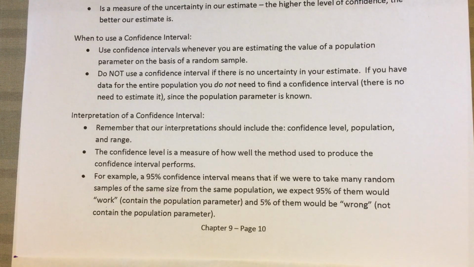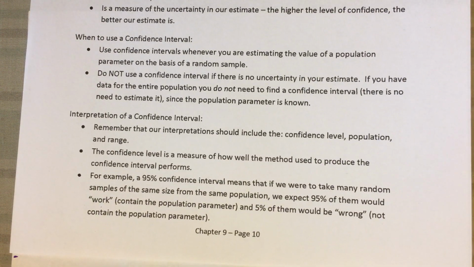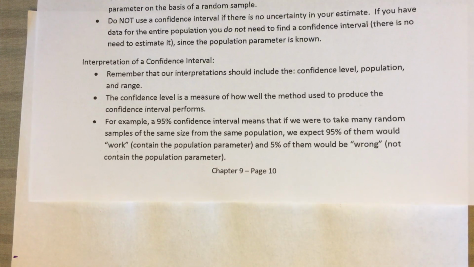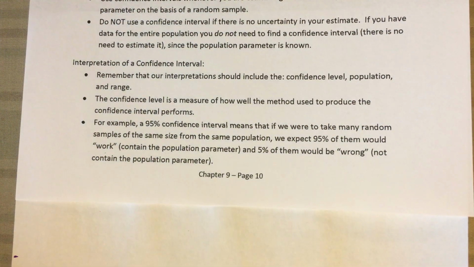When to use a confidence interval? We want to use confidence intervals when we are estimating the value of a proportion. We do not use confidence intervals if there's no uncertainty in our estimate. So if we already have information about our population, we don't necessarily want to use confidence intervals. Interpretations of confidence intervals: remember that our interpretation should include the confidence level, the population that's in question, and our range.